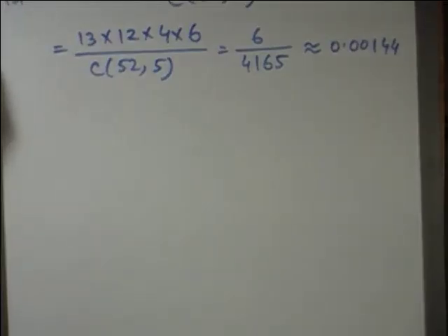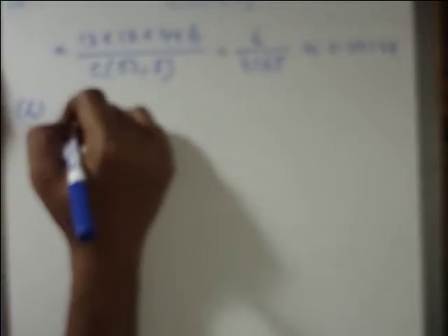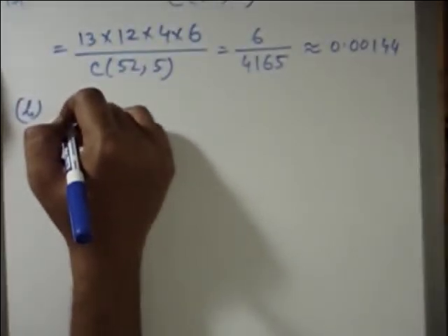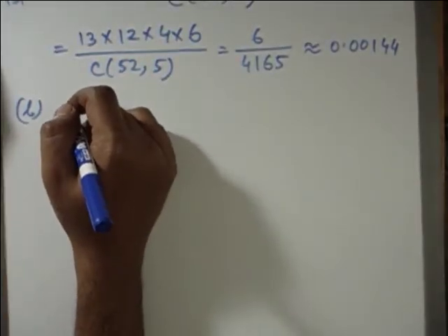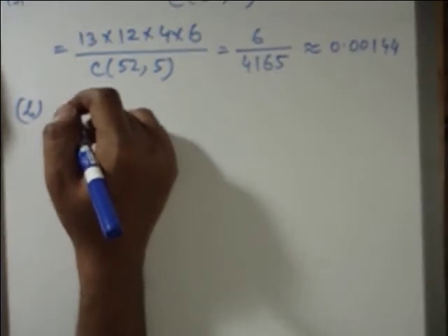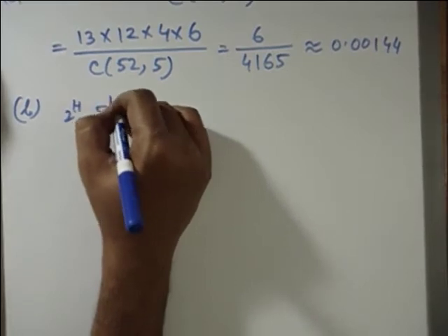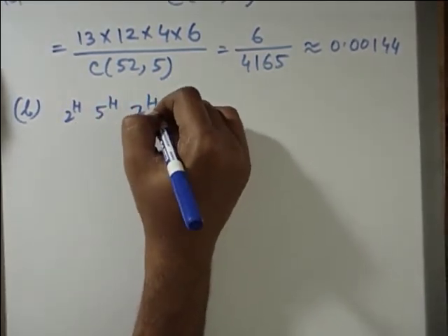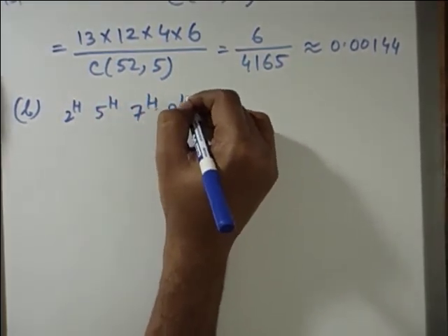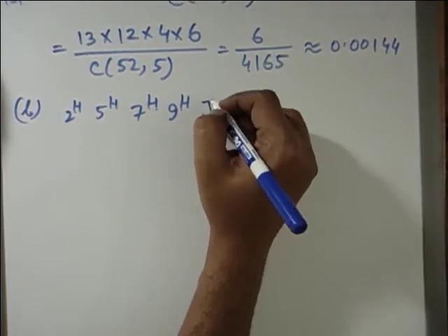B. All 5 cards having the same suit. So that example would be, let's choose one suit, let's say hearts. So 2 of hearts, 5 of hearts, 7 of hearts, 9 of hearts, and J of hearts.